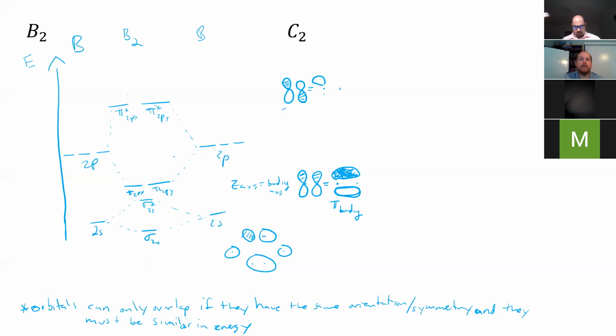It looks something more like this, where the overall energy of that pi star orbital is higher than you'd get for overlap in the same phase. So this would be a pi star orbital up there.